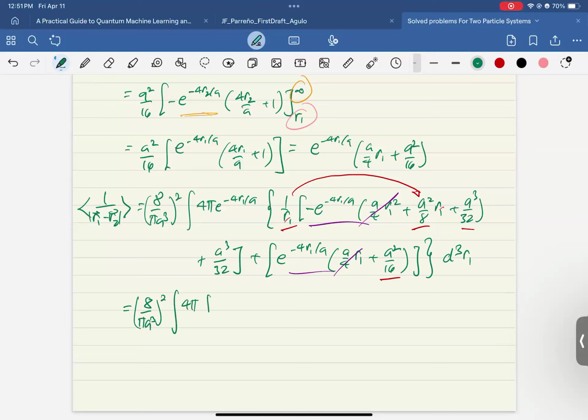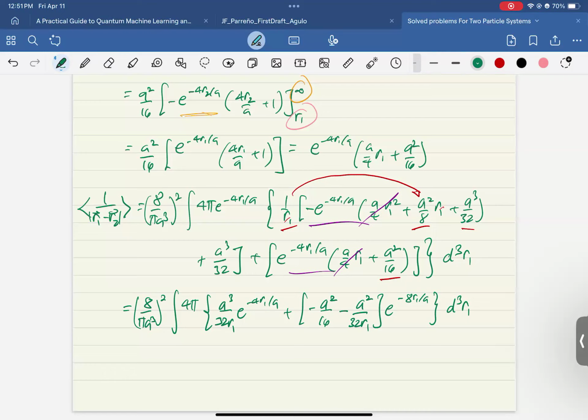Okay, so a cube over 32r1 exponential minus 4r1 over a plus negative a squared over 16 minus a squared over 32r1 then exponential minus 8r1 over a then d3r1.